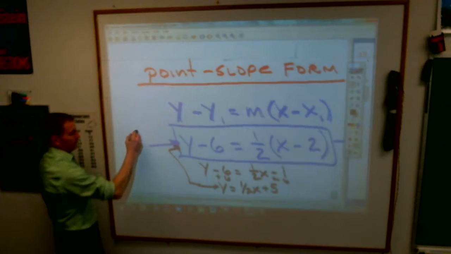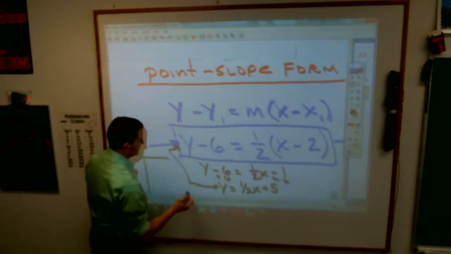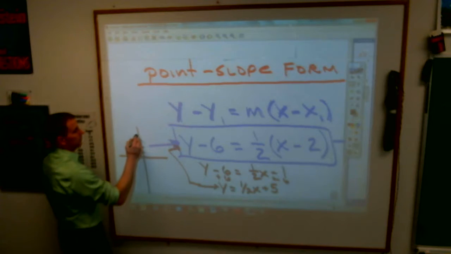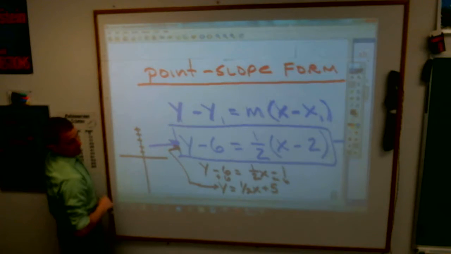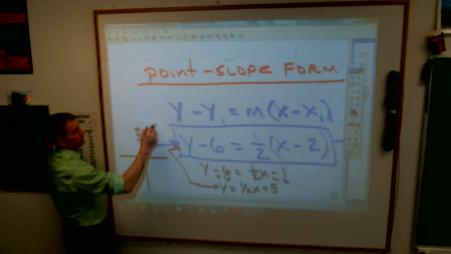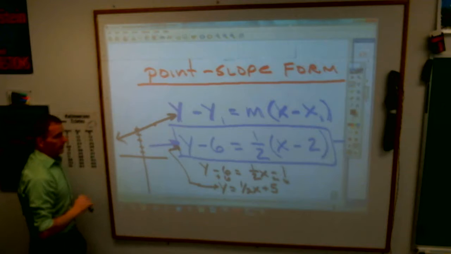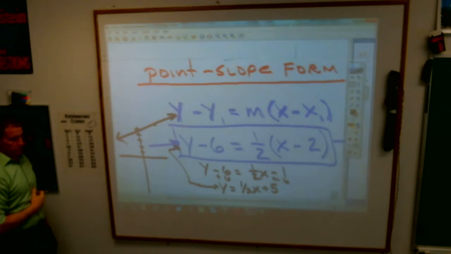Now, can I graph it from there? Sure I could. It crosses the y-axis at 5: 1, 2, 3, 4, 5. It has a slope of up 1 over 2. So it's this line here. To which I ask you a question.